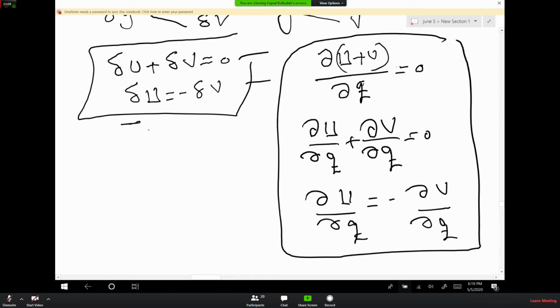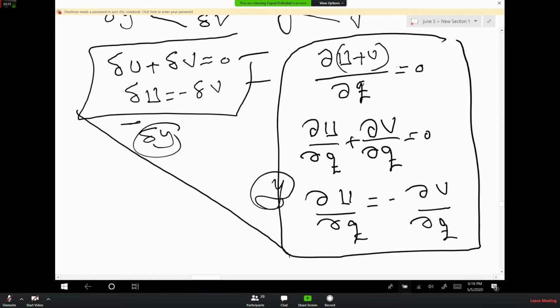We use this with delta y, and we use this when assuming y. Any question about these two problems?